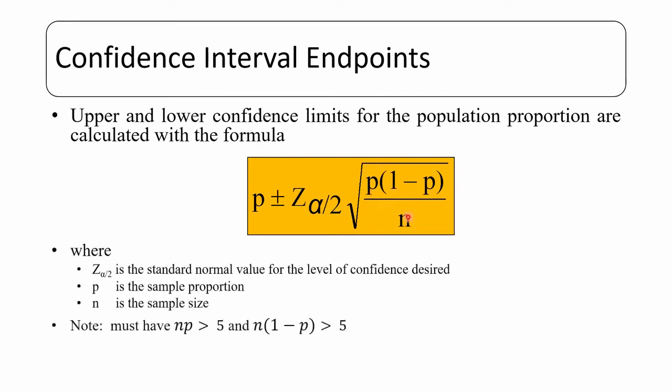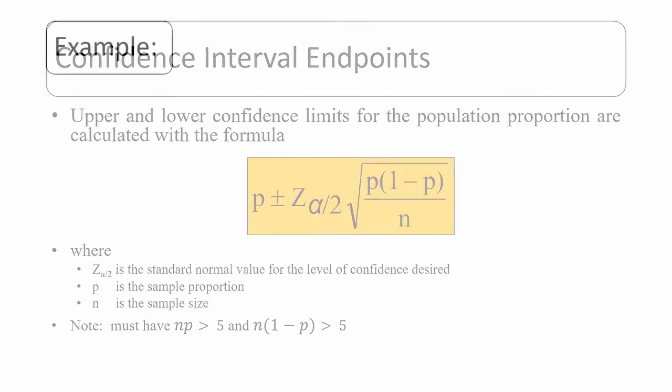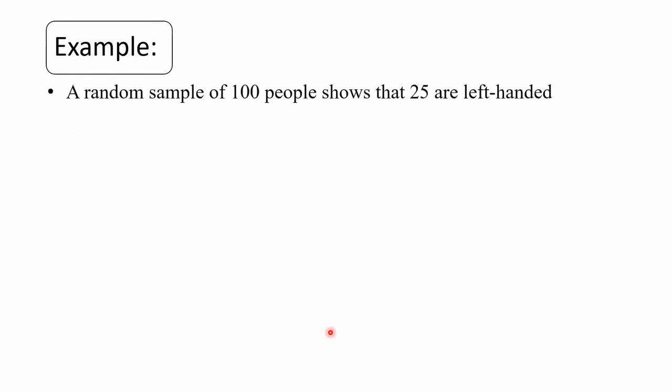Right. Here what's important is these two conditions need to be met, where n times p, n is your sample size, p is the sample proportion, the multiplication between n and p should be greater than 5, and n times 1 minus p should also be greater than 5. So let's have a look at an example.